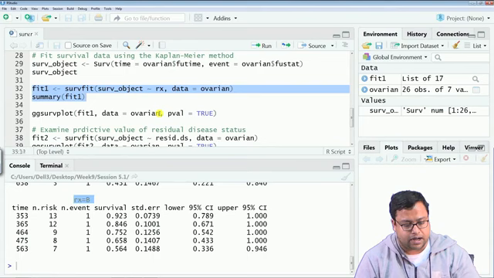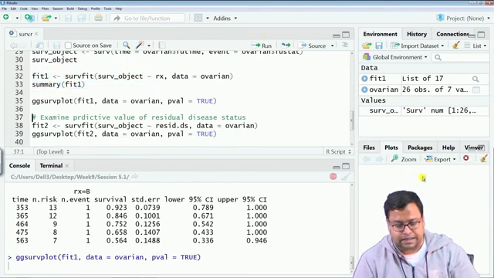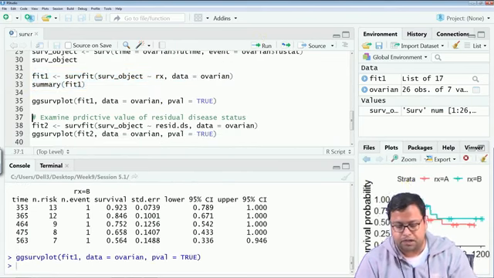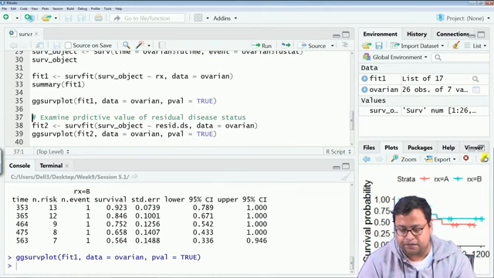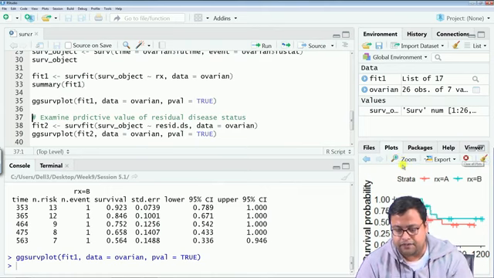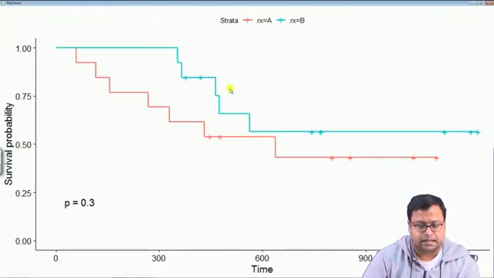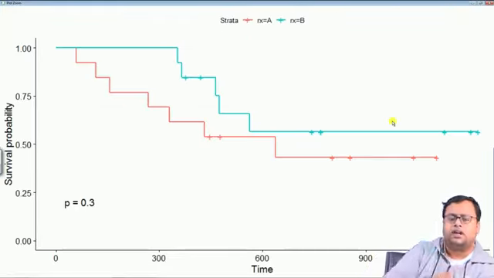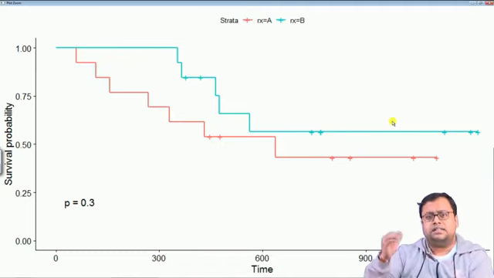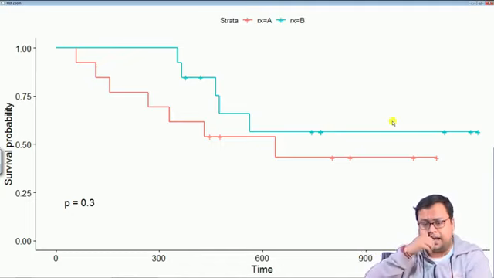Now, if I just plot it, you will know that this is how the plots look like. With p equal to 0.3 they are different, and if I just zoom in, you will see that Rx is equal to A looks like this, Rx is equal to B looks like this. Can you tell me which one has the higher hazard rate? Obviously, the graph which is at the top has the higher hazard rate.